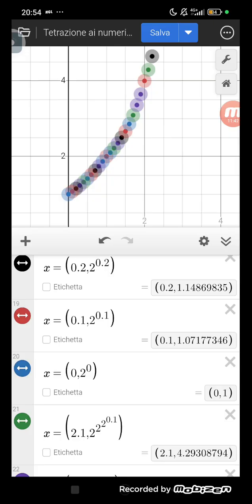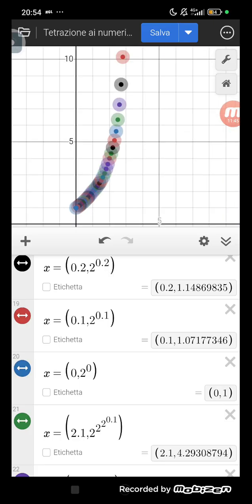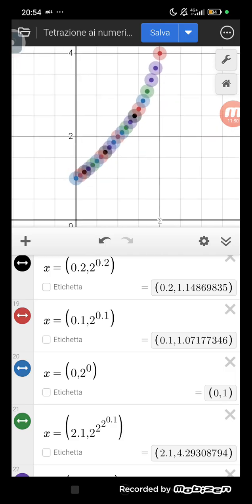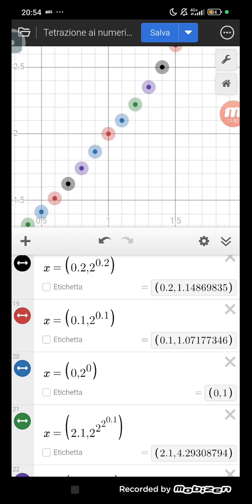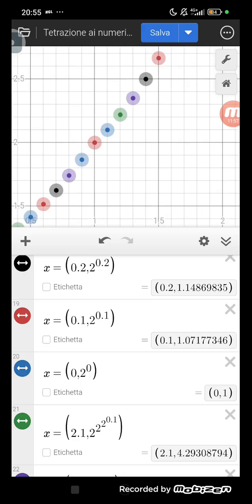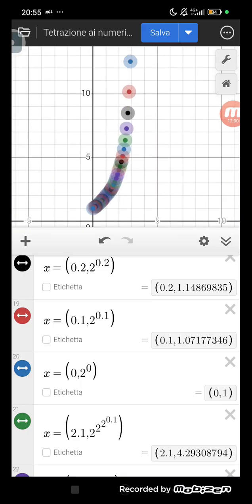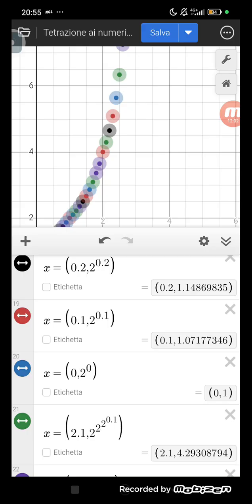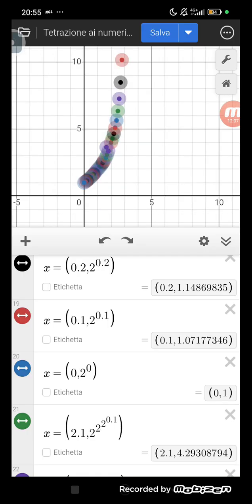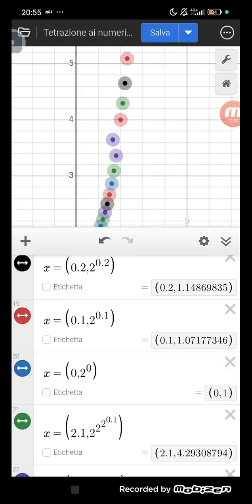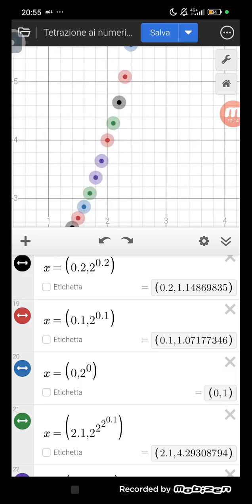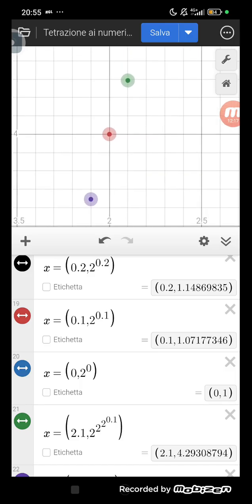Now this is not fixed point arrangement where it just goes crazy and does not respect any rules, any linear growth. This is a bit like a parabola, but it's too much. So we plug in 1 and we get 2 as usual, 2 tetrated to 1. Then we plug in 2, 2 tetrated to 2 and we get 4.